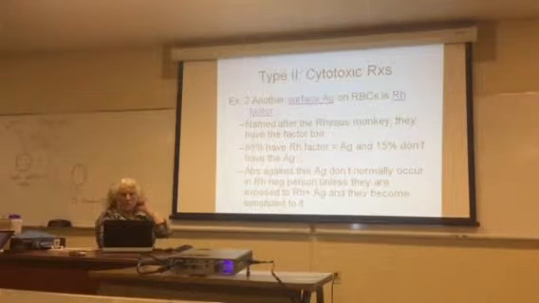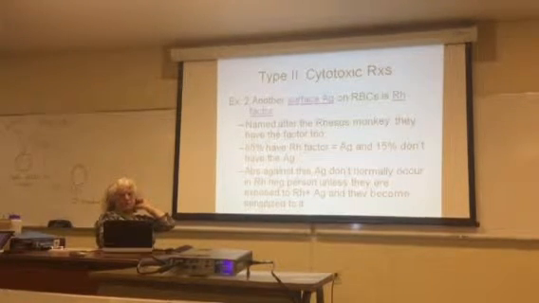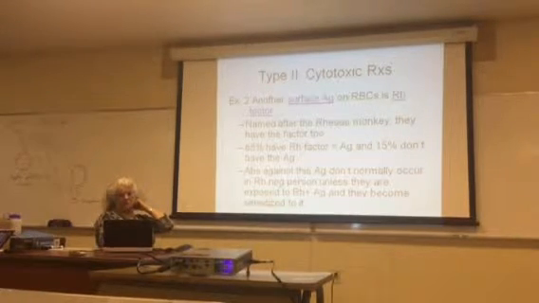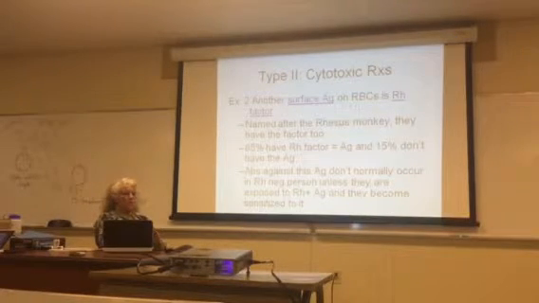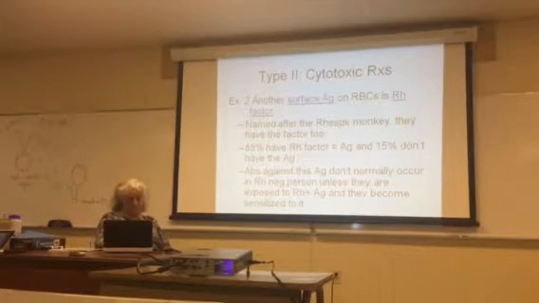And 15% don't have the antigen, so they're considered Rh negative. So in an Rh negative person, they don't have the antibody against the factor, not like with the blood groups where you already have antibodies against the opposite blood types.